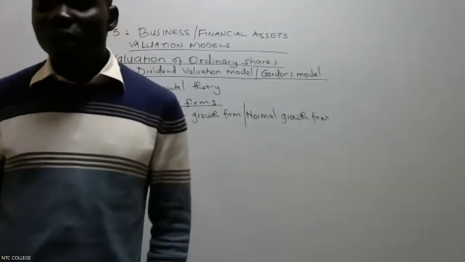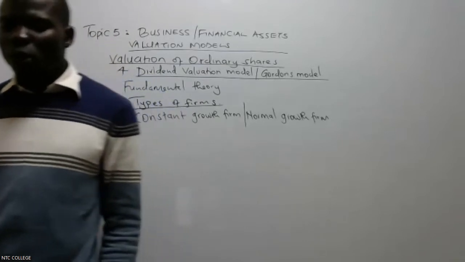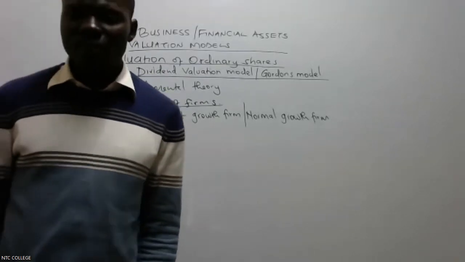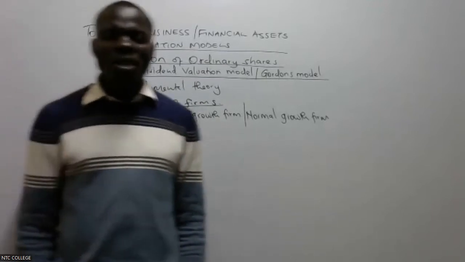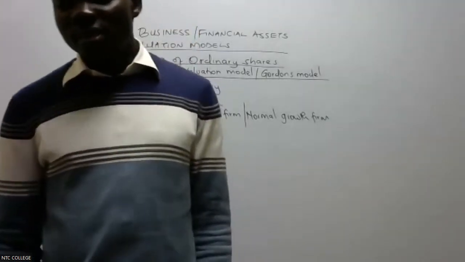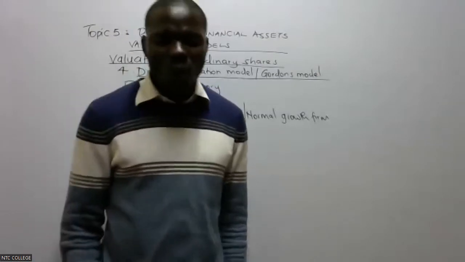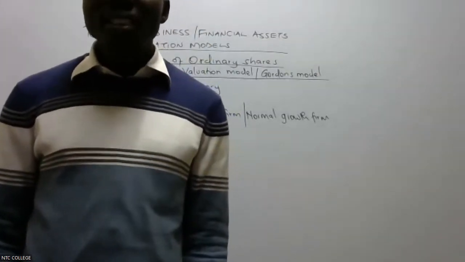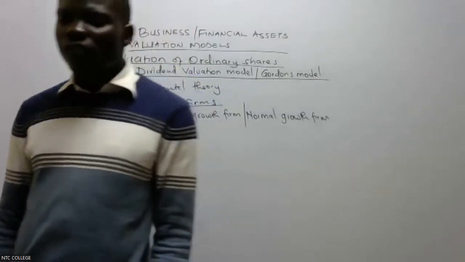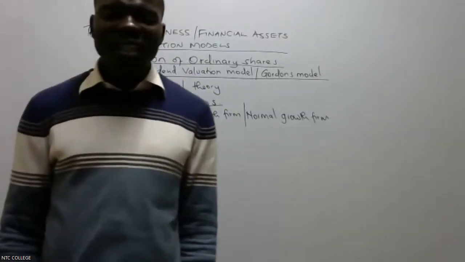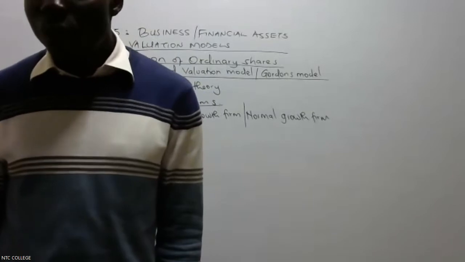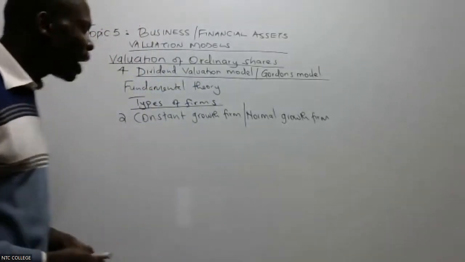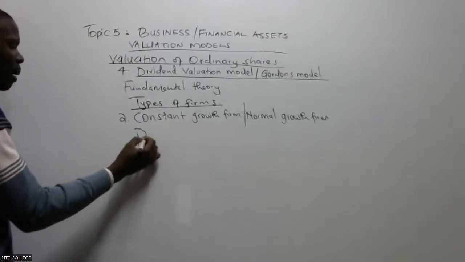The intrinsic value will therefore be equal to the present value of growing dividends to perpetuity, which can be illustrated as follows.